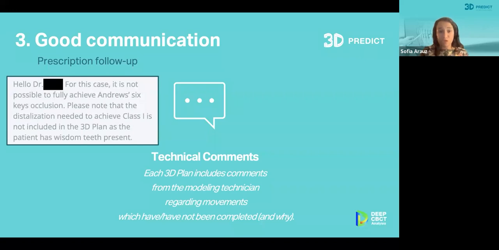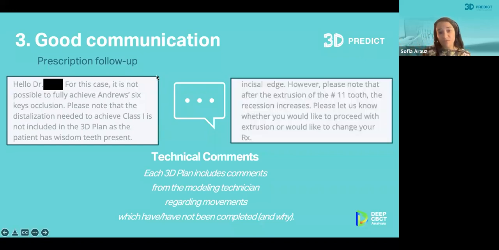In this real situation, the doctor was planning on extracting the wisdom teeth, but because that wasn't communicated in the prescription and the doctor wanted the distalization, the technician could not give the doctor that treatment plan because the technician didn't know the wisdom teeth would be extracted. So that could have saved a back and forth if the doctor had clarified that in the original prescription.